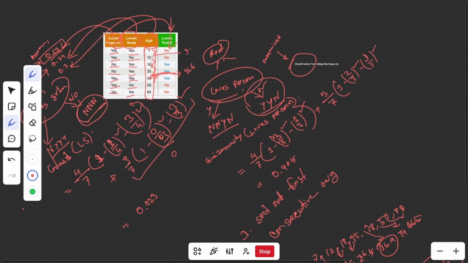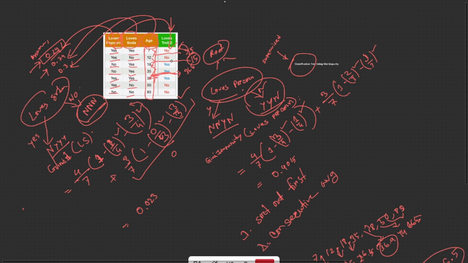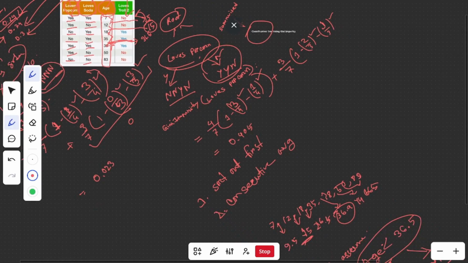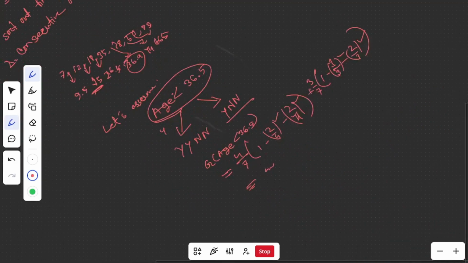Here is 9.5, here is 15. Then from the table you can take a decision: there will be less data polluted here if less than 15.